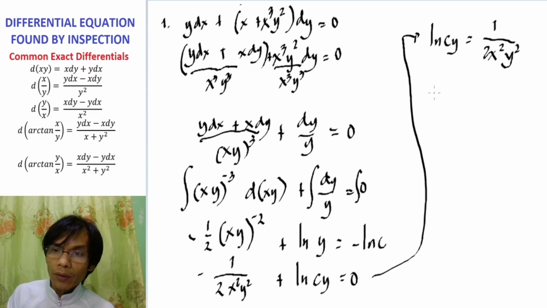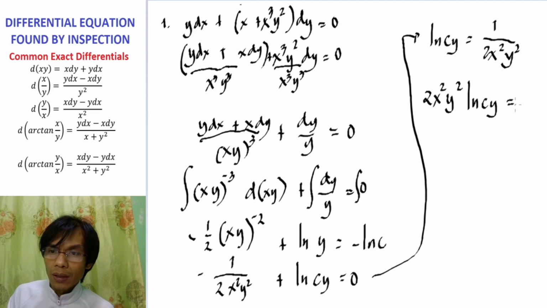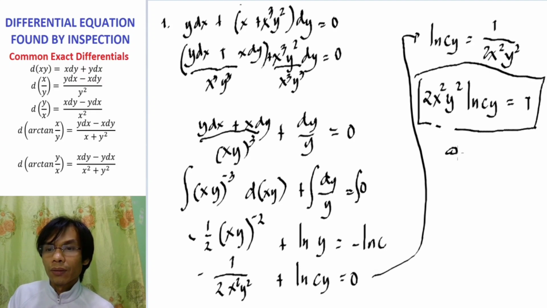And then to simplify it further, we have 2x squared y squared ln of cy is equal to 1. So notice this is already your final answer. Okay, so this is the solution of a differential equation by inspection.